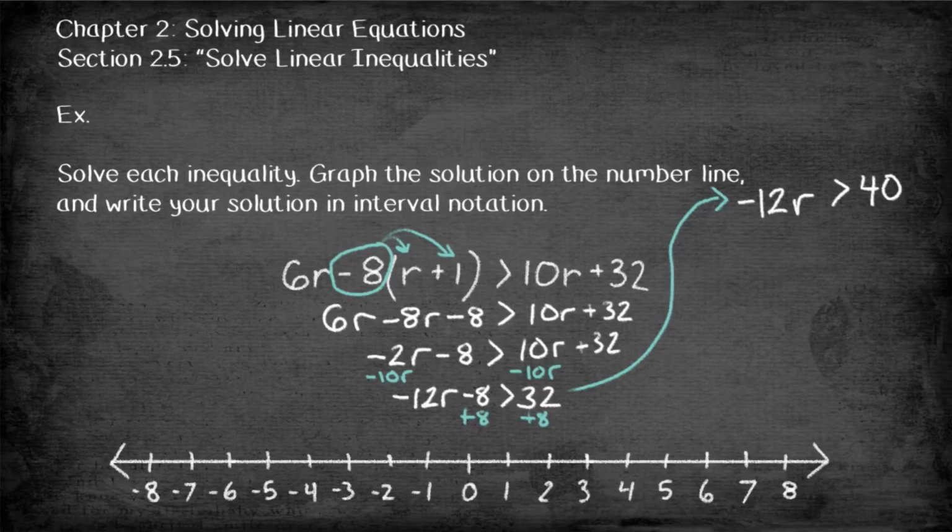All right, and what we're left with is negative 12r is greater than 40. So I gotta divide out my coefficient. Remember, I'm going to be dividing by a negative number. So that means that the inequality sign flips.